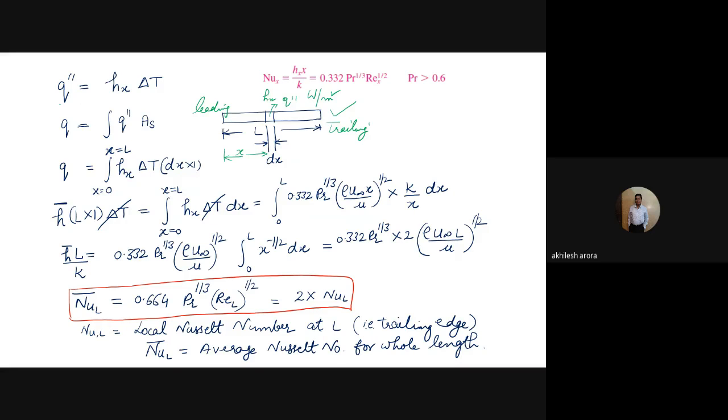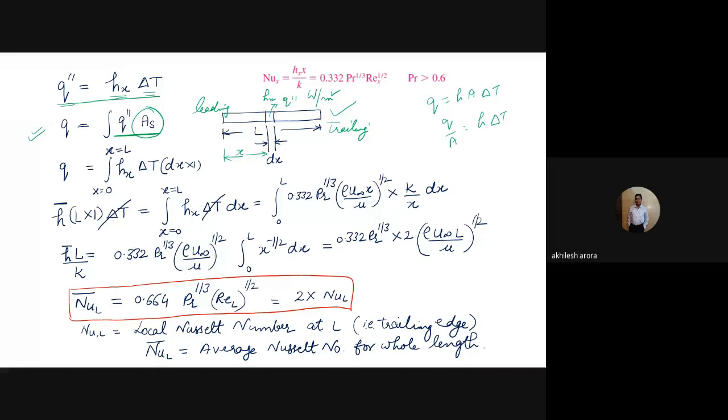So I will write this heat flux is equal to h_x into delta T, because you know for convective heat transfer, q is equal to hA delta T, and if I divide it by the area, I get h into delta T. So basically I am calculating the heat flux at this particular location, and if I want to calculate the total heat transfer q, then I will have to integrate this equation over the total area of the plate. That is why I have multiplied here by A_s.